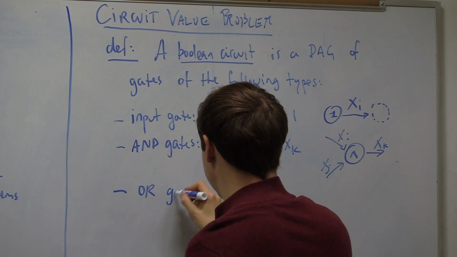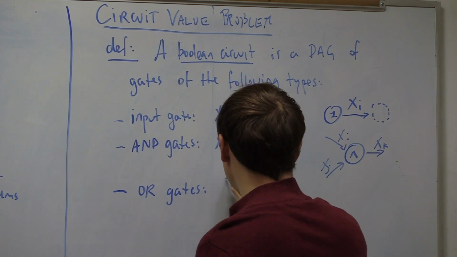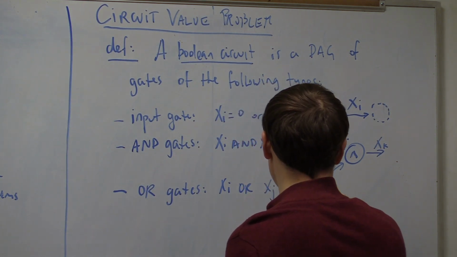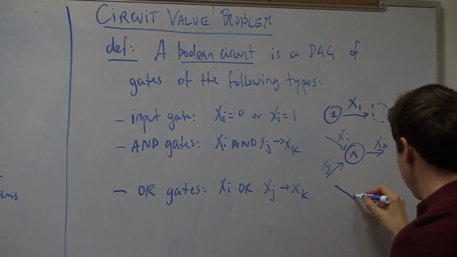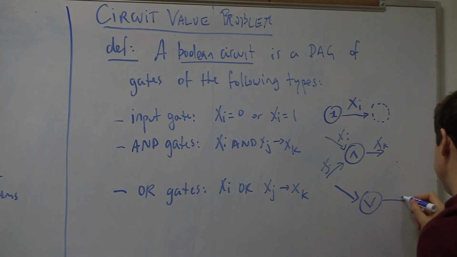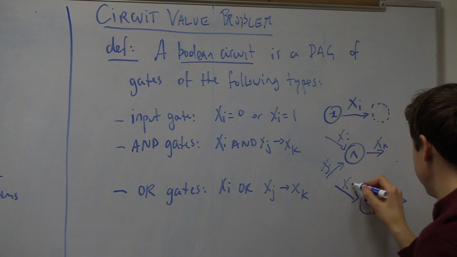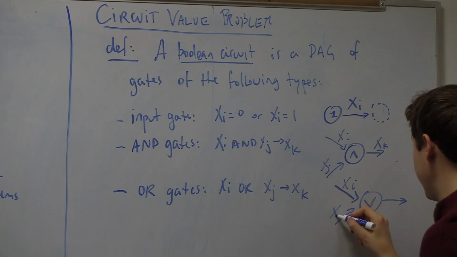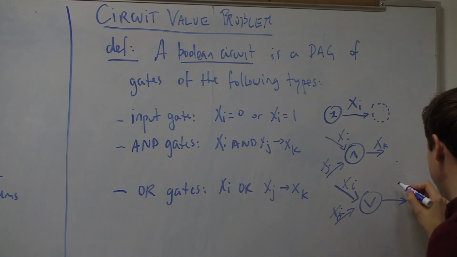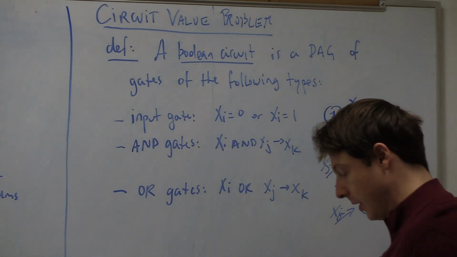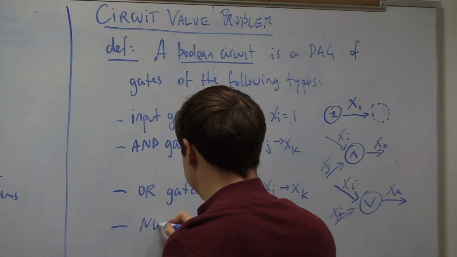You can have OR gates: xi or xj goes to xk. Again, inside the directed acyclic graph, you can imagine there is some node labeled OR, with the wires for xi and xj coming in, and the output wire for xk coming out. You can have NOT gates.